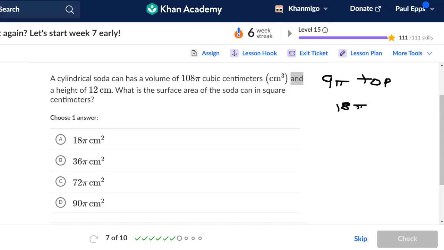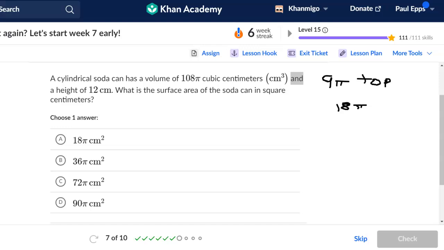All right. Now to get the surface area of the rest of the can, we need to multiply the height by the circumference. The area of the top is 9 pi, it's pi r squared, so the radius is 3. The circumference is 2 pi r, just 6 pi.